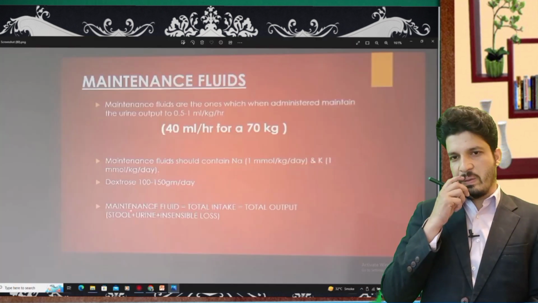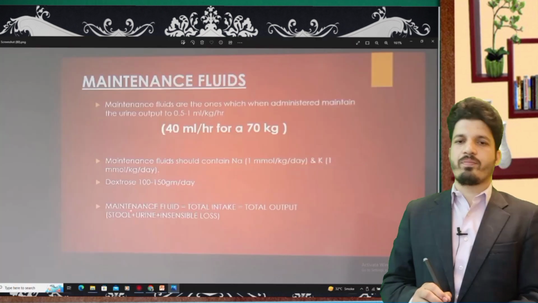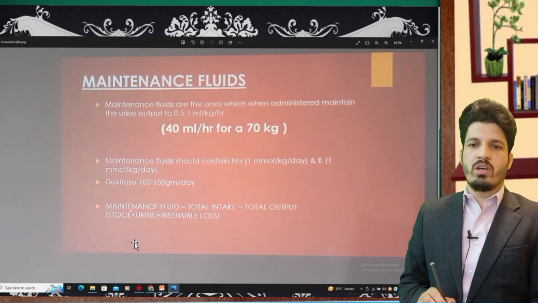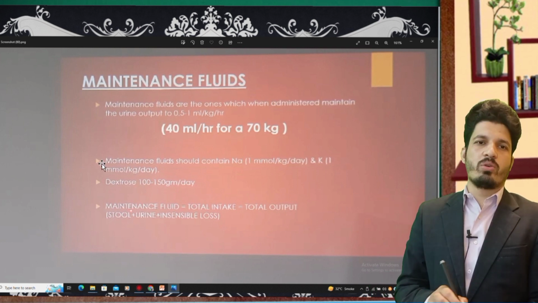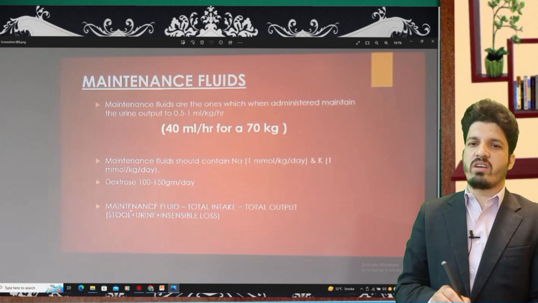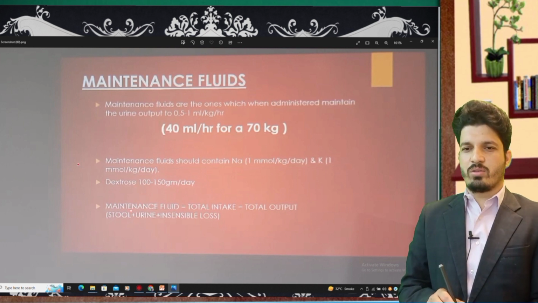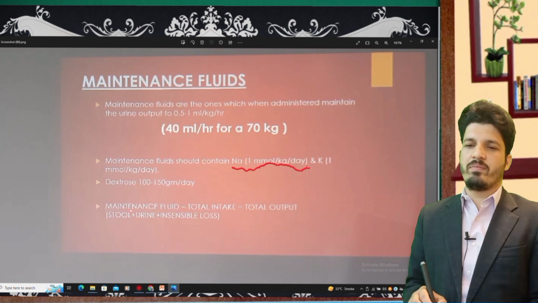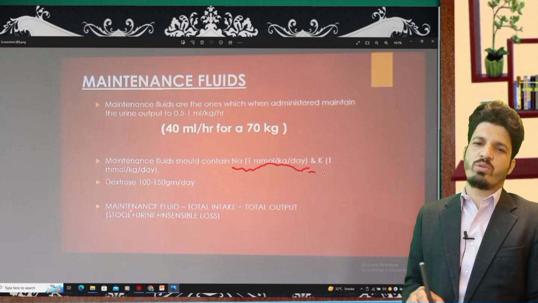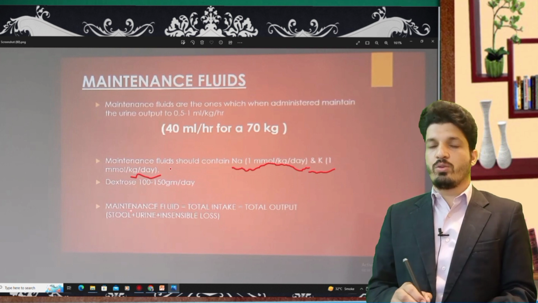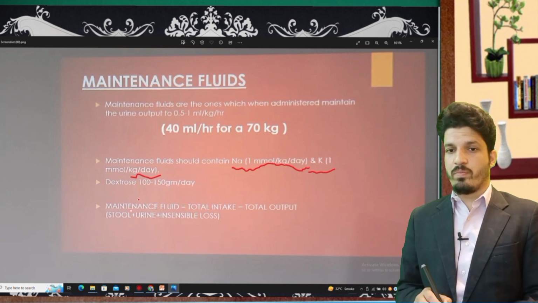Moving to the next slide, whenever you talk about maintenance fluids, you will also talk about electrolytes. The most common electrolytes are sodium, 1 millimole per kg per day, and potassium, also 1 millimole per kg per day. You have to replace and maintain these, that's the maintenance fluid.